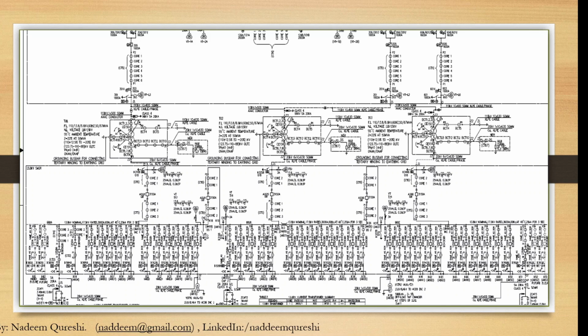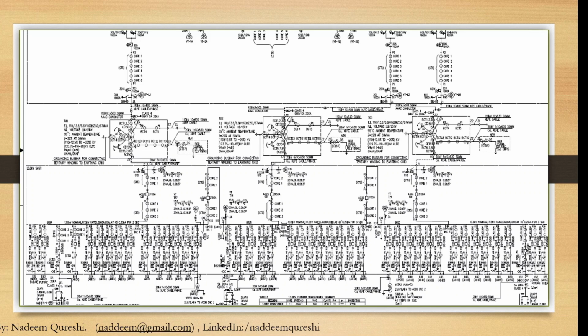We will explain more in detail about the MV switchgear, power transformer, station service transformers, and capacitor banks. But in this video, to keep it short and informative and to avoid lengthy videos, I am making small videos covering each component. So in this video, we will be covering the transformers.